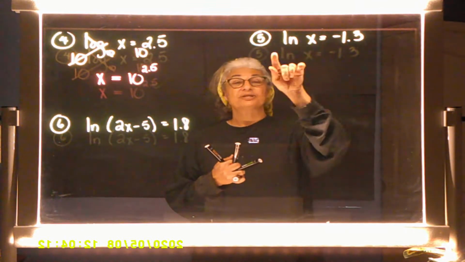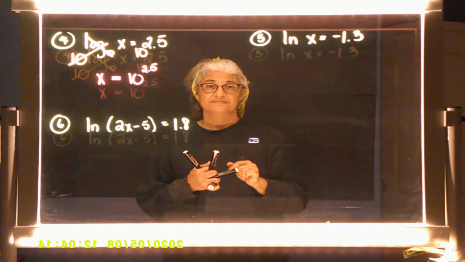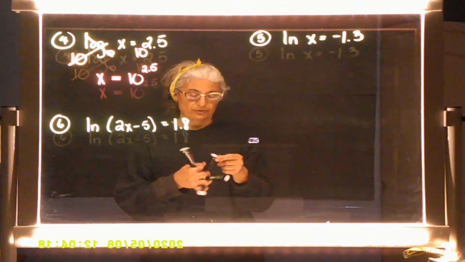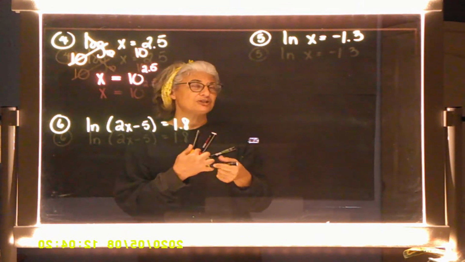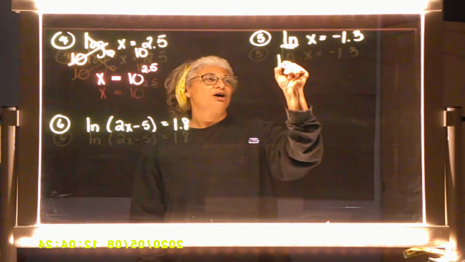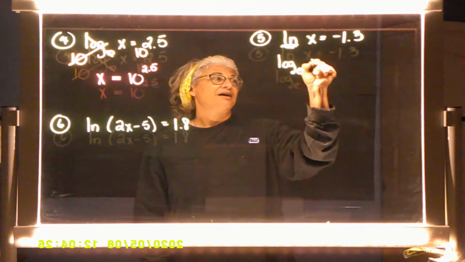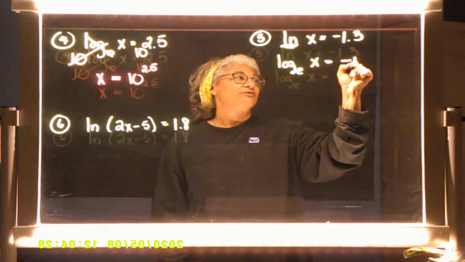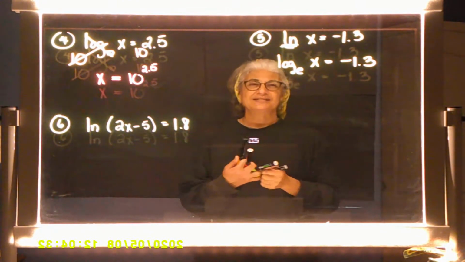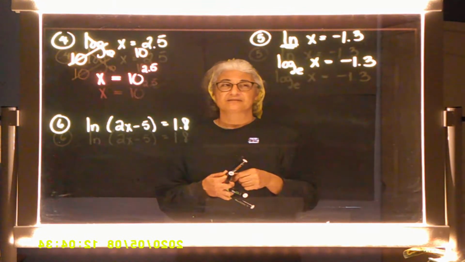I'm trying to get rid of this ln, aren't I? Now, I'm going to give a tip for some of you. For some of you, it may actually be a really good idea to write what ln means. That means log base e of x equaling negative 1.3. Why do I suggest that? Because now it's obvious what the base is.